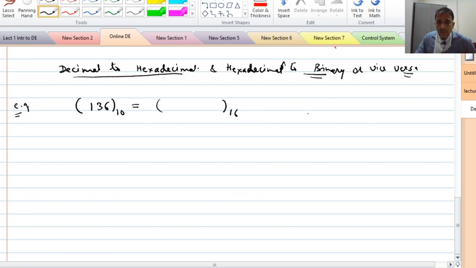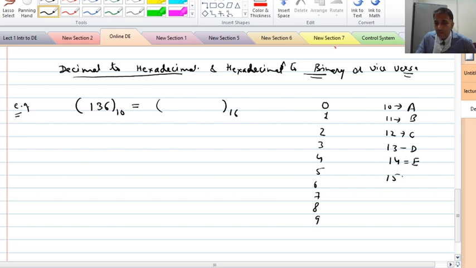Just remember here we have to use 0 to 9, and after that for 10 we will use A, for 11 we use B, for 12 we use C, for 13 we use D, for 14 we use E, for 15 we use F. Okay. So, in this way there are 16 possible digits you can use in hexadecimal.